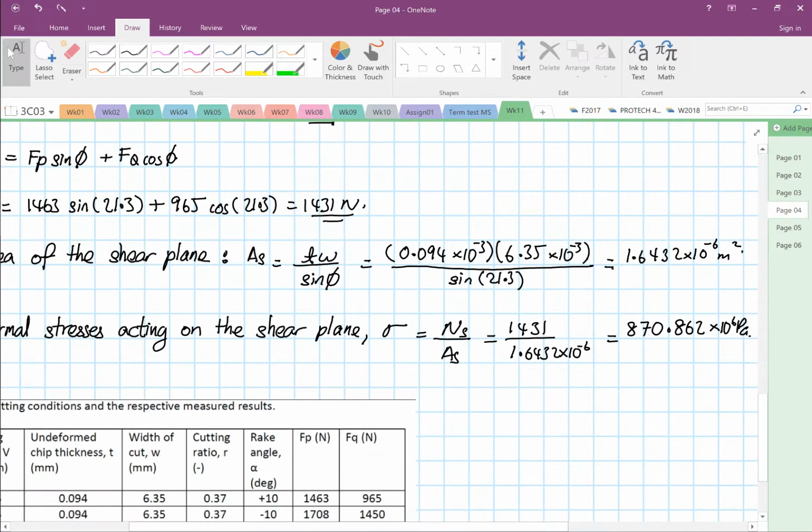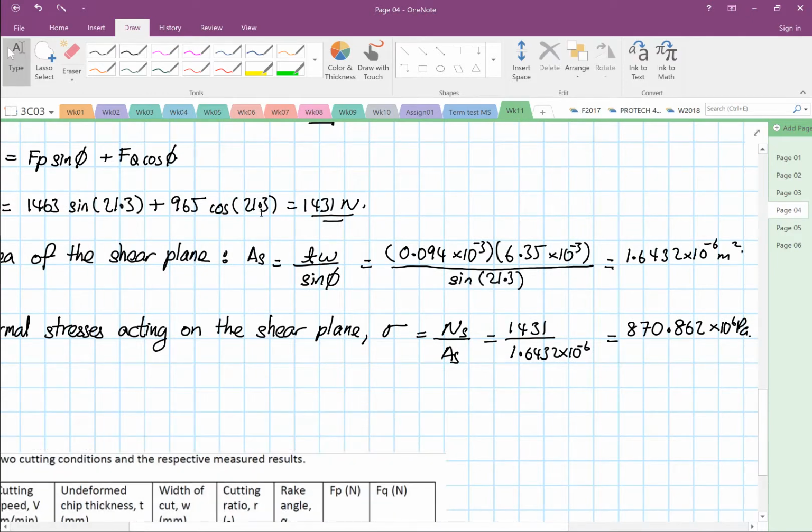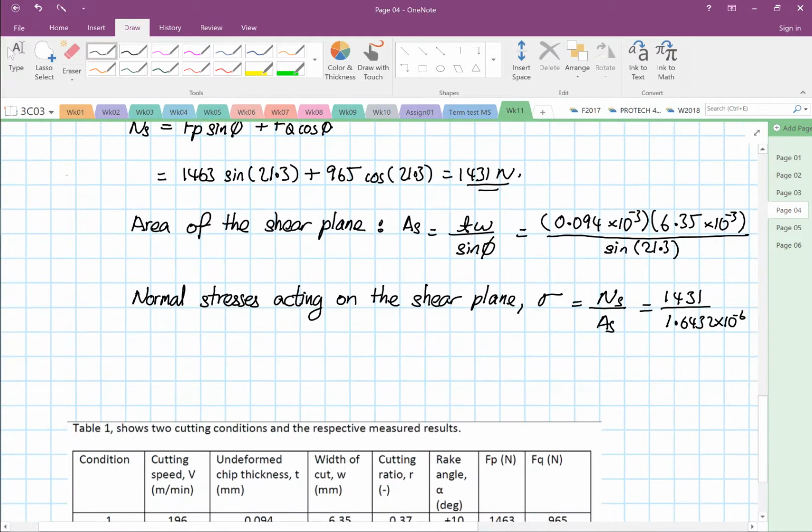So this is the normal stress acting on the shear plane, and then you can have shear stress acting on the shear plane. Tau is equal to Fs over As.